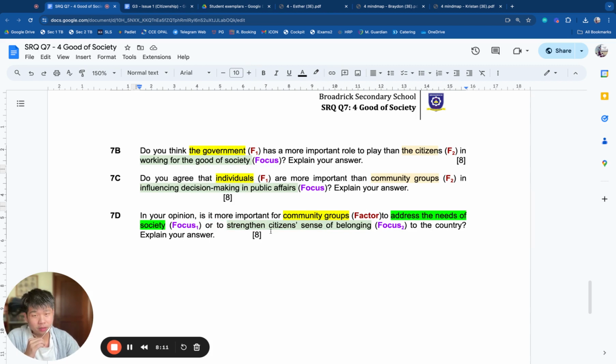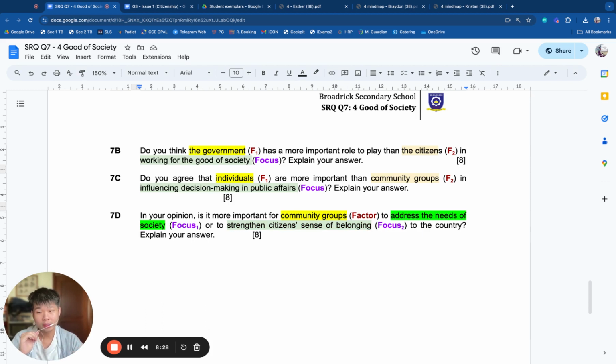And in the second PU, it's important for the same factor, the same community groups, to strengthen citizens' sense of belonging. And so this is a question type, the first time I've done this for you, where you would have one factor and two focuses.